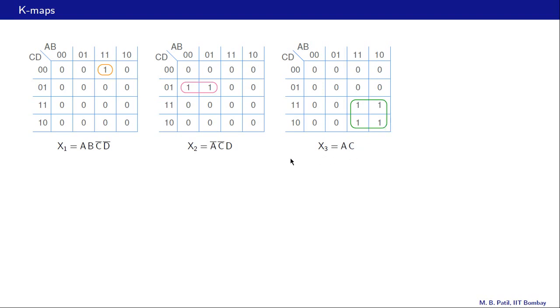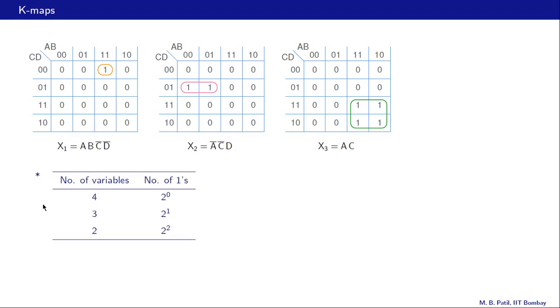Alright. Now let us make a few observations which are related to functions of this type, where the function is a single product term but with different number of variables. Here we have 4 variables, here we have 3 variables, here we have 2 variables. Here is a table which relates the number of variables in these functions and the number of ones which appear in the K-map.